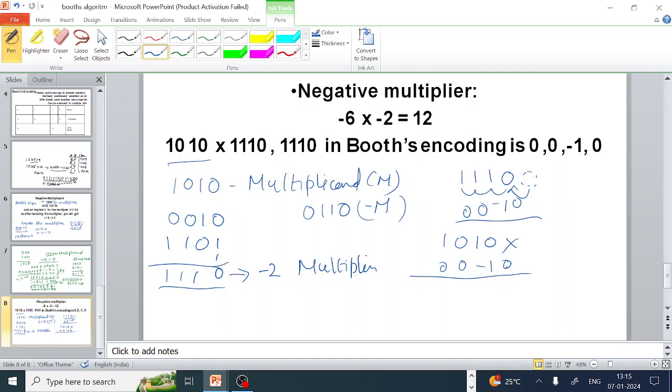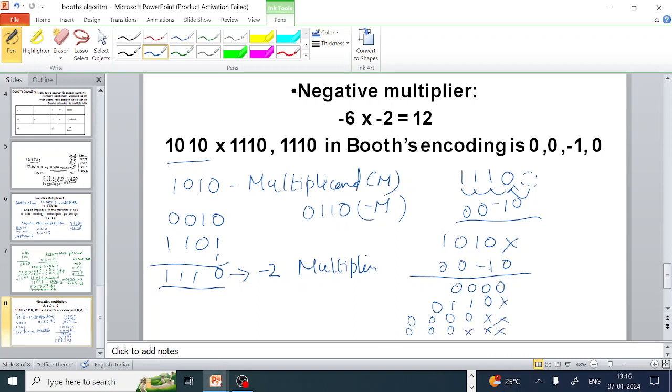So when I multiply with 0, obviously everything is 0. Then when I multiply with minus 1, it's as good as taking the 2's complement of the multiplicand. 2's complement of the multiplicand is minus m. Then all others are zeros. With a 1 bit shift, you are supposed to. Okay, this is 1 bit.